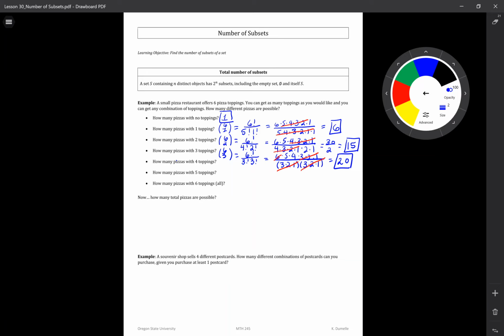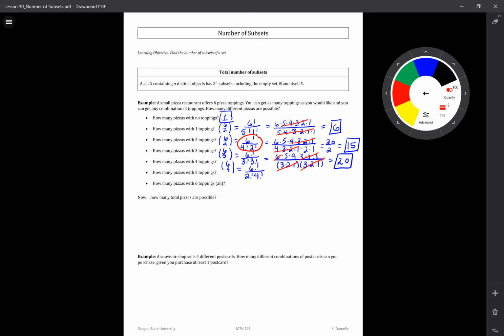And now it gets a little bit easier, and this is why. If I look at the expression 6 choose 4 for how many pizzas there are with 4 toppings, check it out. I get 6 choose 4 is equal to 6 factorial over 2 factorial 4 factorial, which is the same expression I got when I wanted to choose 2 toppings.